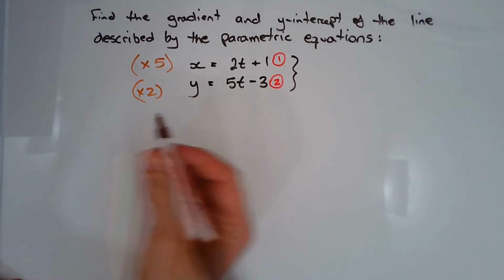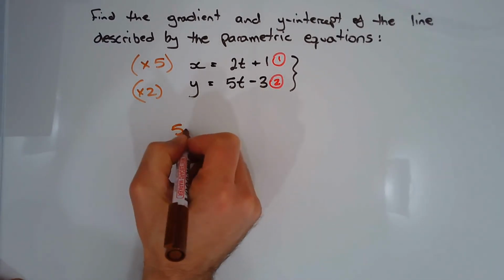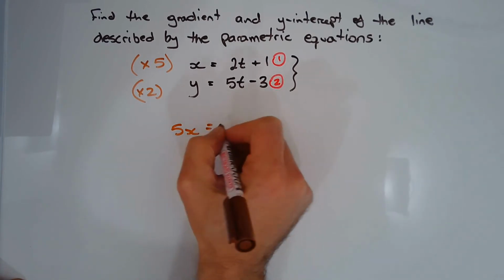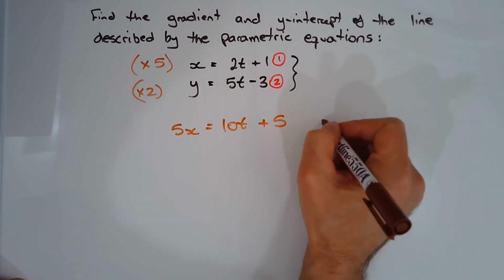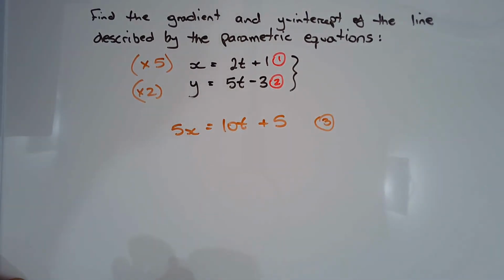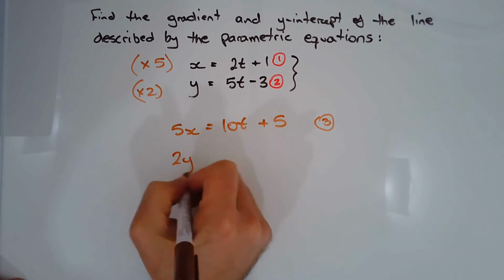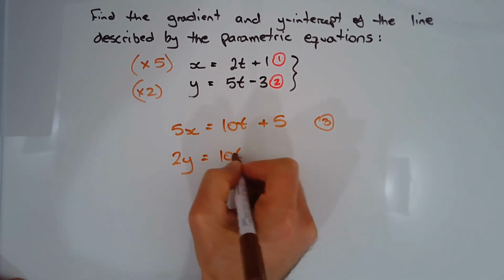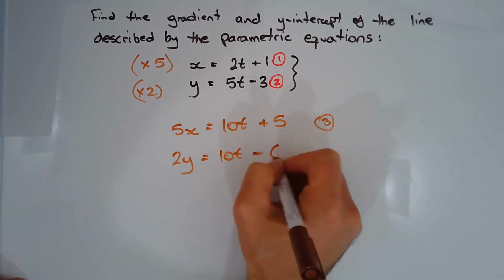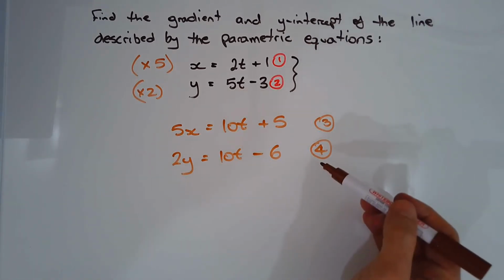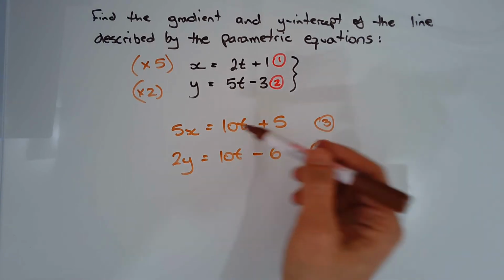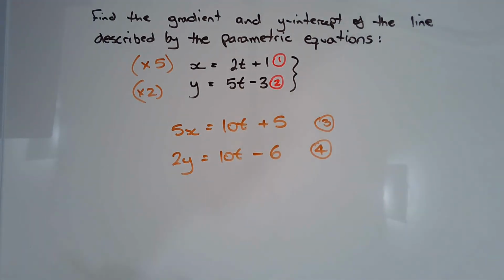So we end up with 2 equations. So we end up with 5x is equal to 10t plus 5. And let's call that equation number 3. And in the second equation we have 2y is equal to 10t minus 6. And let's call that equation number 4. Now if we subtract equation 4 from equation 3, we'll eliminate the 10t term.